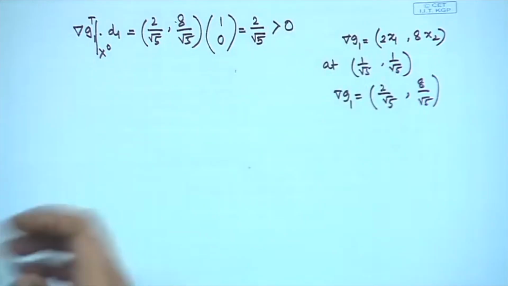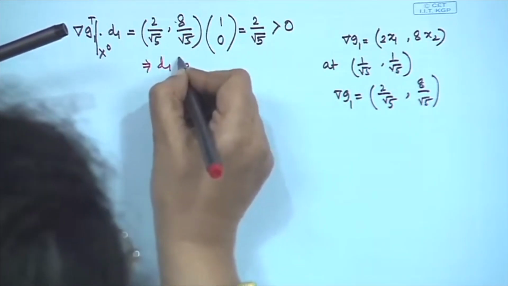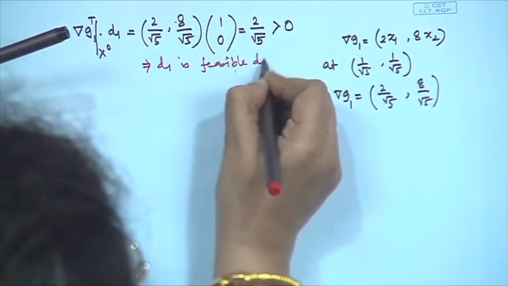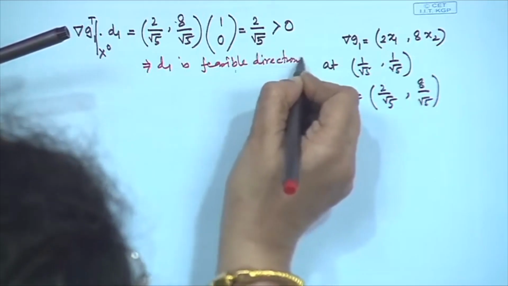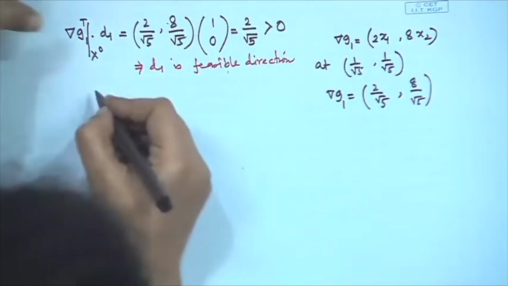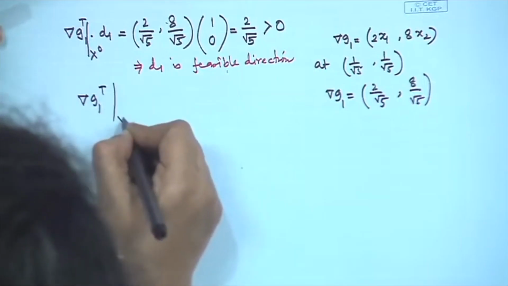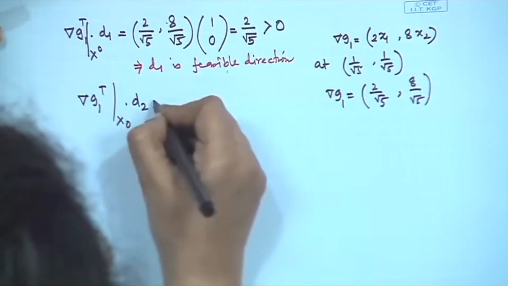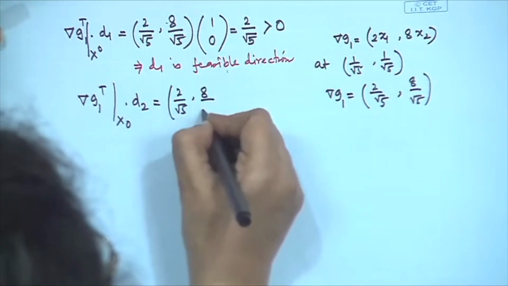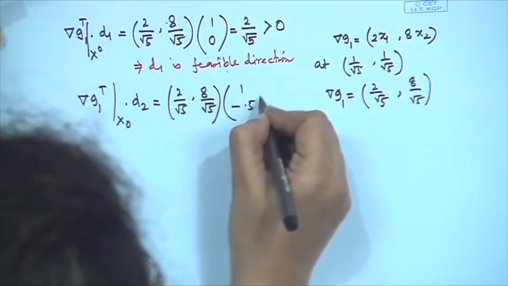That is why we can conclude that D1 is a feasible direction. Now, let me calculate the same for the other directions, D2 and D3. Two by root 5, 8 by root 5 and 1, minus 0.5.